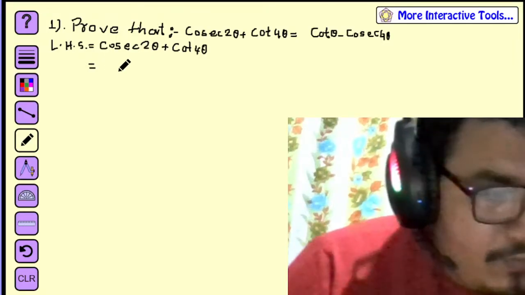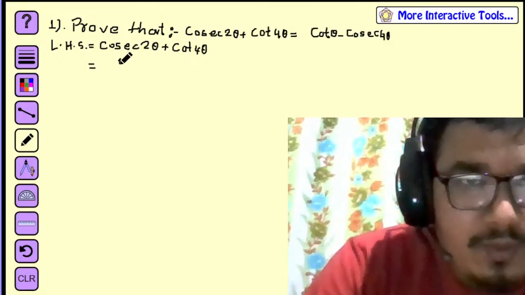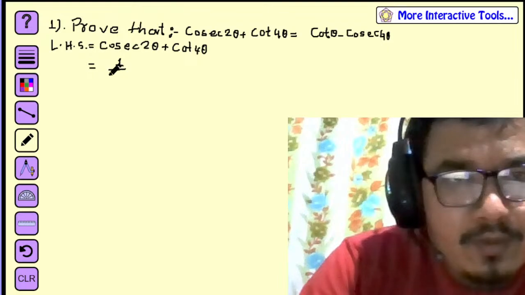Okay, and now look here, students, in this question how to solve. First of all, let's convert this cosec 2 theta into its reciprocal relation, that is 1 by sine 2 theta.